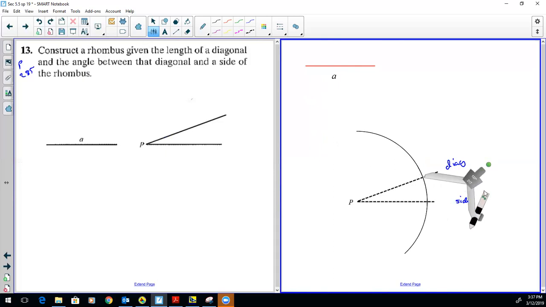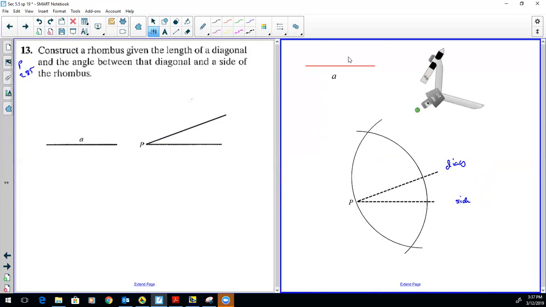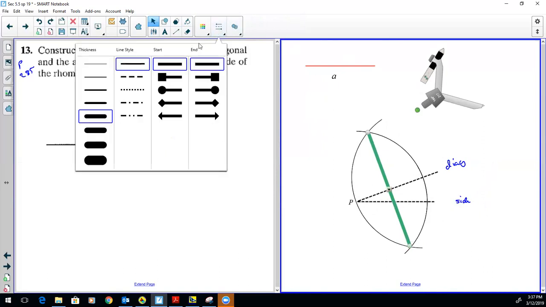Okay. And now to get the perpendicular bisector, okay, I mark off the other half circle there, and the perpendicular bisector will be somewhere on, whoa, I need to change that on that line. Sorry about that. Let's make that right skinny.